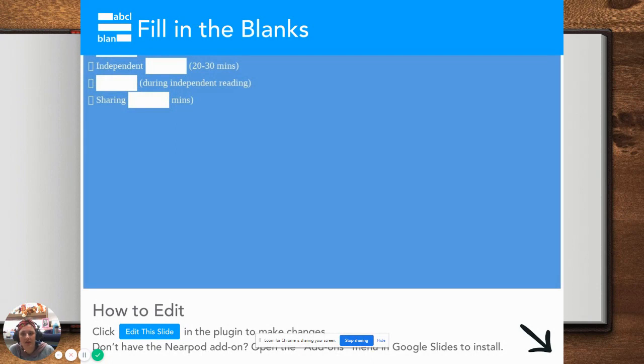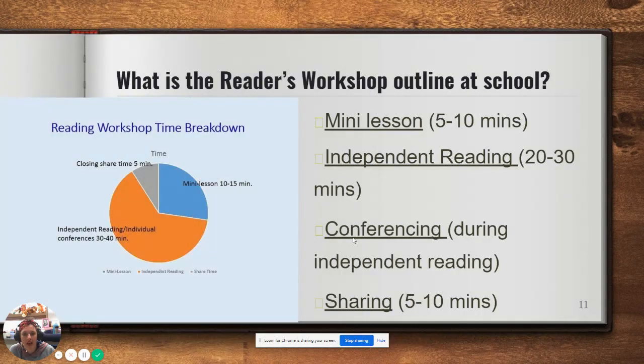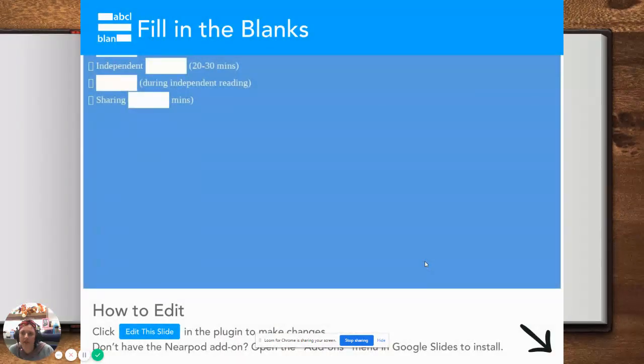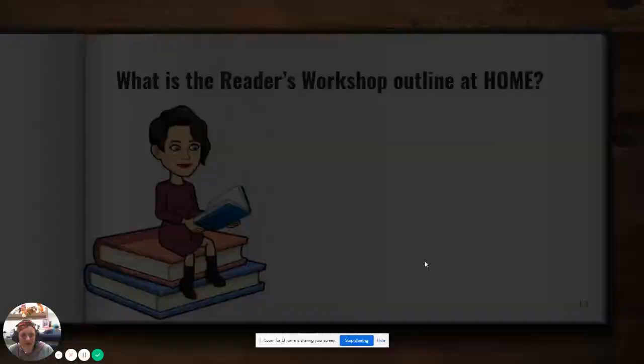On the next page of your Nearpod, you will fill in the blanks. So have a look. Mini lesson, 5 to 10 minutes. Independent reading, 20 to 30 minutes, with conferencing, and sharing 5 to 10 minutes. You will fill in the blanks.